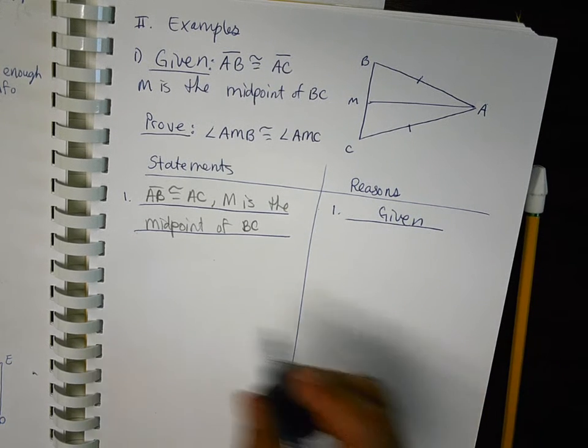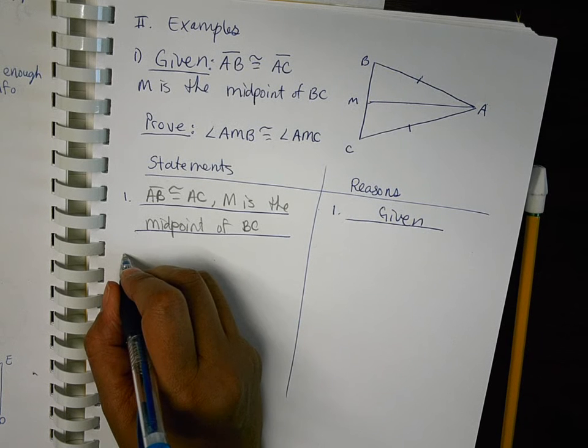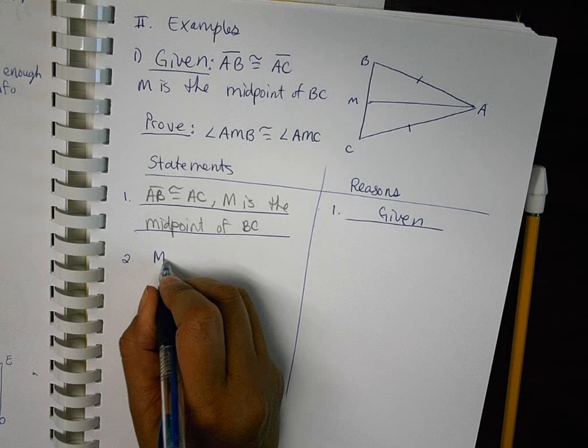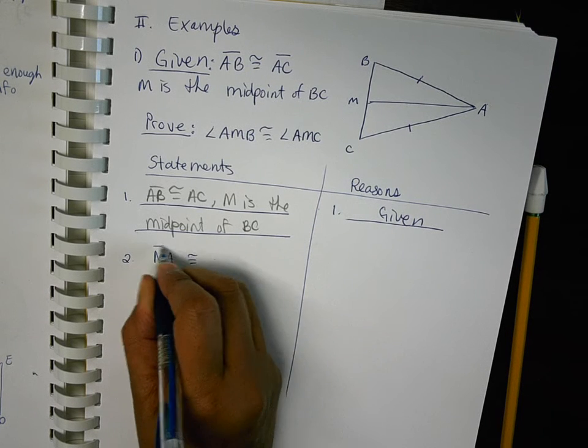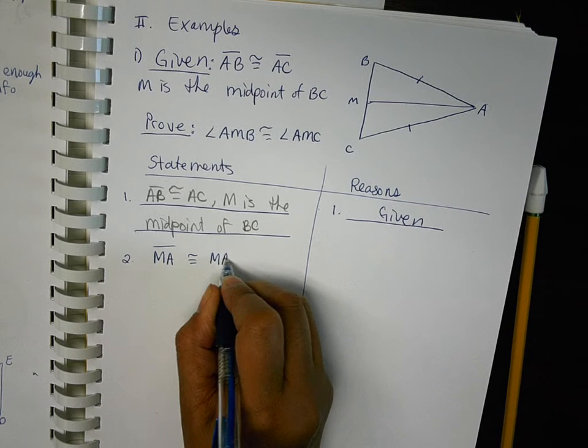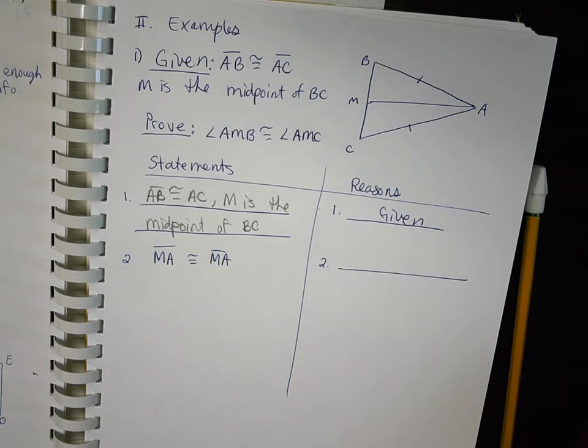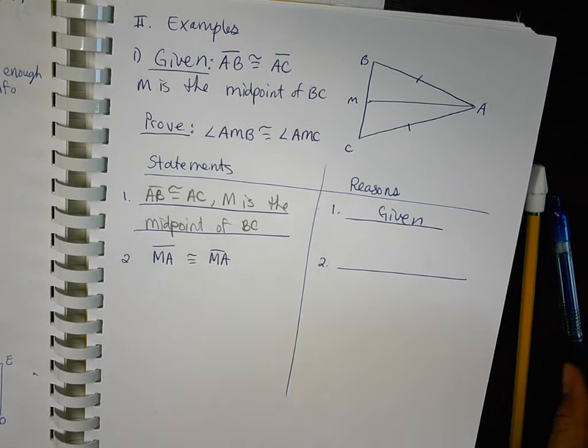Okay, number 2. I'm going to give to you MA, this is what was just said to me, is congruent to MA. Do not blurt it out, but write the reason why. MA is congruent to MA. I'm going to go ahead and mark that now that we wrote that.